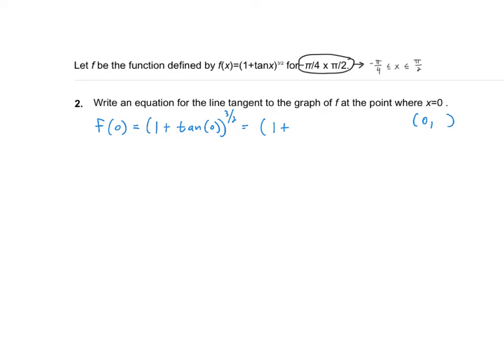Okay, and then tan 0 is 0. And so that just is 1. Okay, and then now we have to find f prime, and then we'll plug in 0 into that also to find slope.